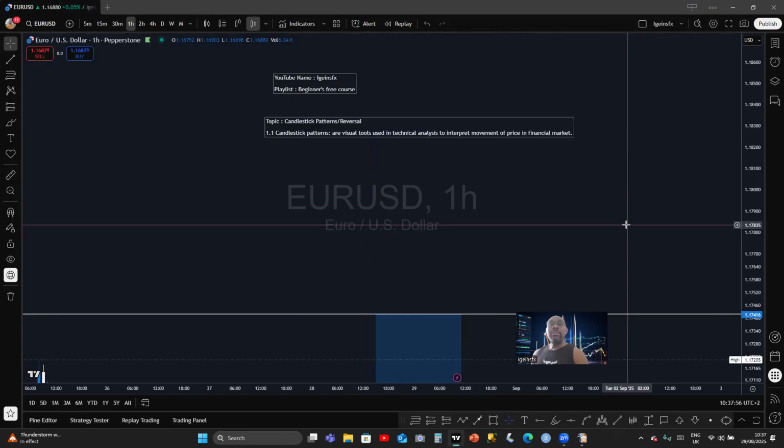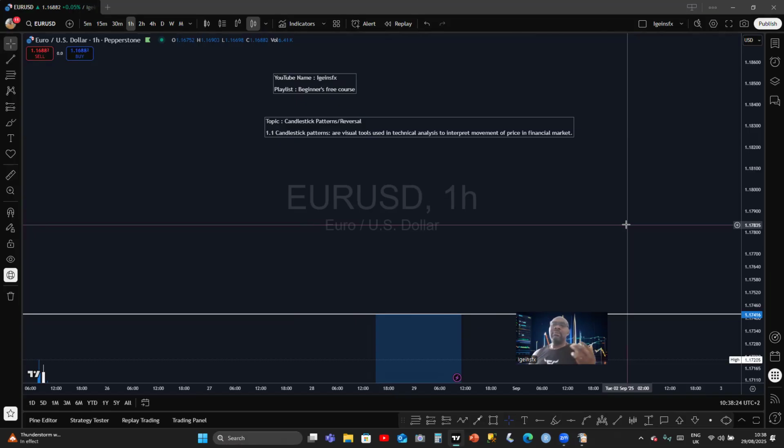So the ability for you to see them, visualize them, and know what is happening in the market is very crucial and key to us as forex traders, because that's the only way you can ascertain what is going on in the financial market.